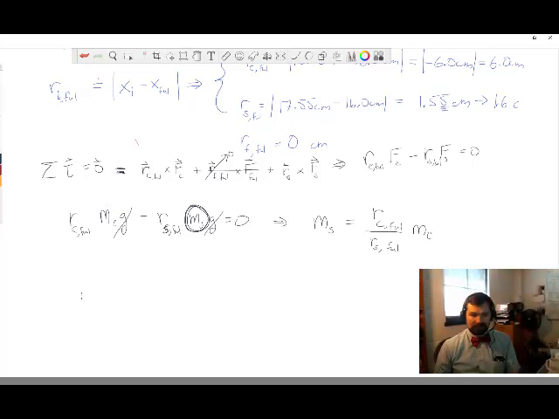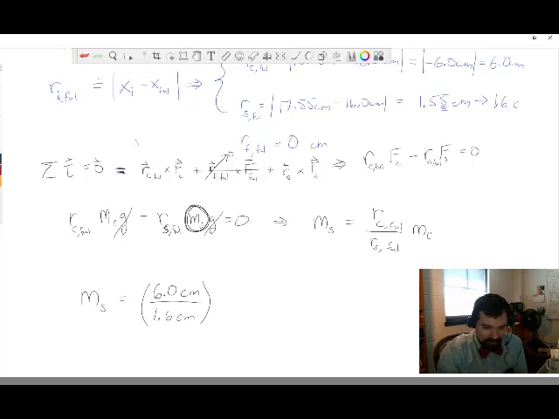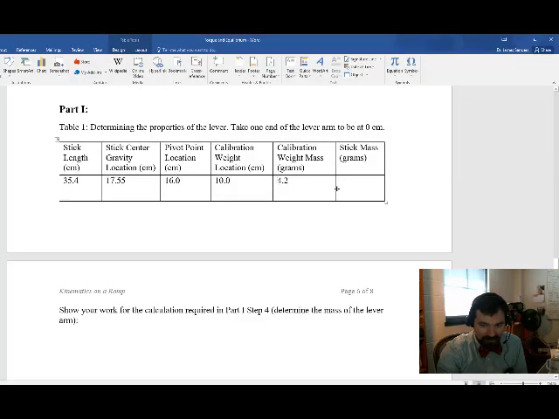Now we'll plug in our numbers again. RC was 6 centimeters, so we have 6.0 centimeters, divided by 1.6 centimeters, and then multiplied by MC. If we pull this back up to look at what MC was, that was 4.2 grams.